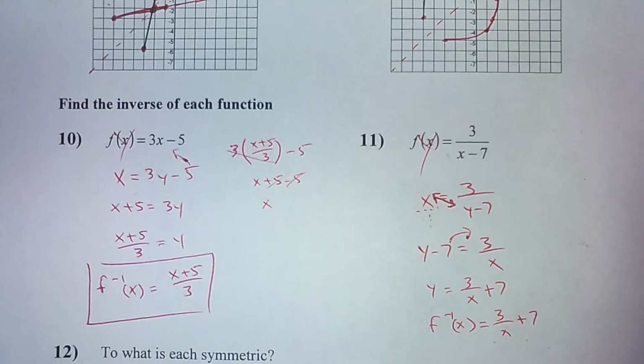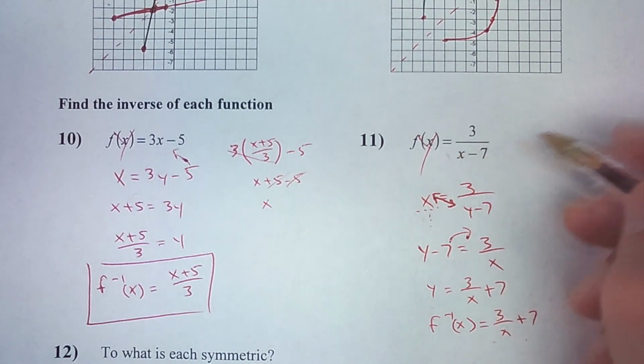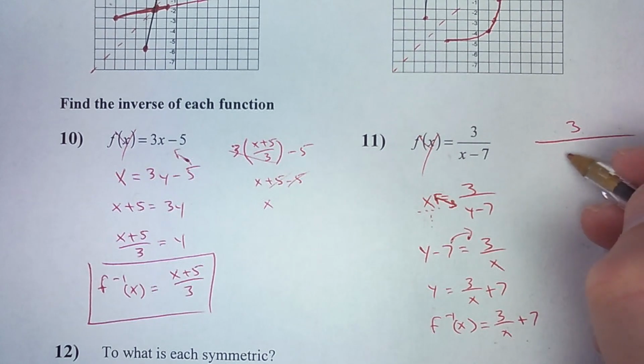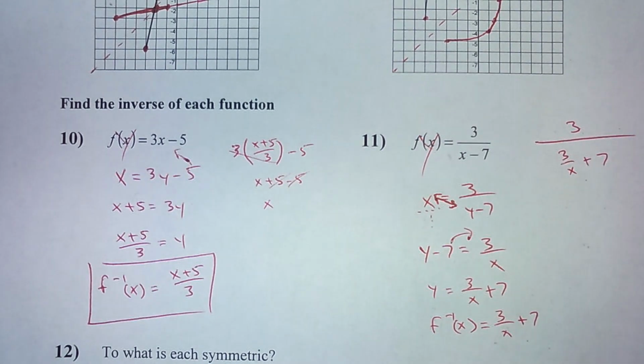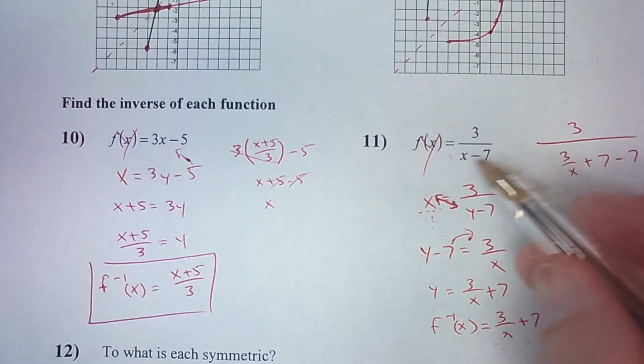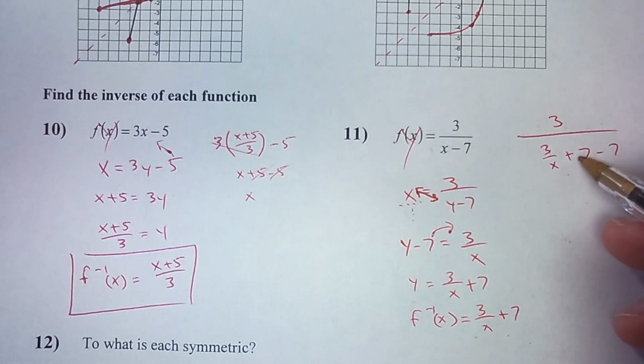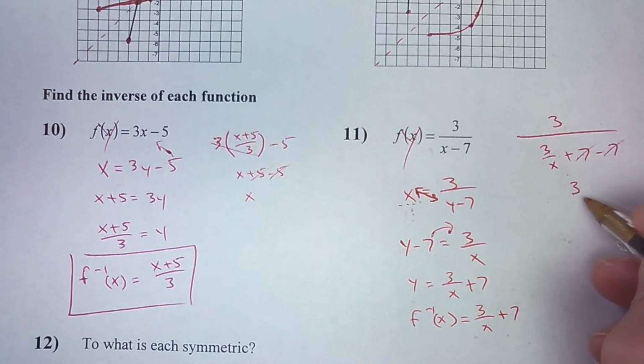Now I'm going to go ahead and check it. So I'm taking this 3 over x plus 7 and plugging it in right here for x. So 3 over x plus 7. And then I have minus 7. So x just became 3 over x plus 7. Plus 7 minus 7 cancels.